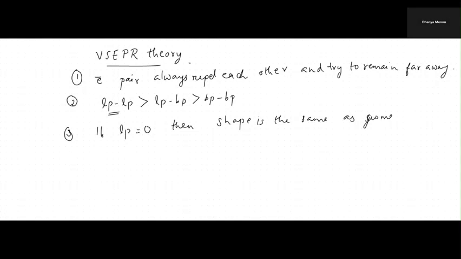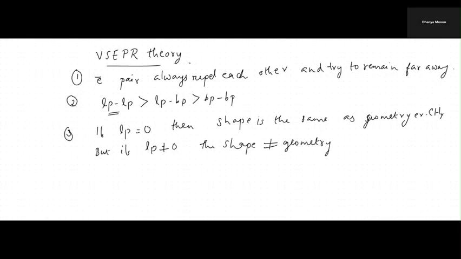For example, methane. But if lone pair is not 0, then shape is not the same as geometry. We saw this in the case of ammonia and water.